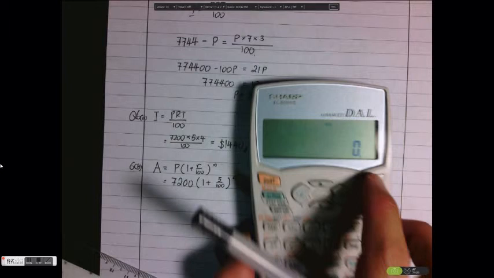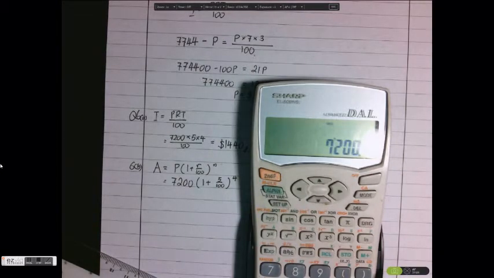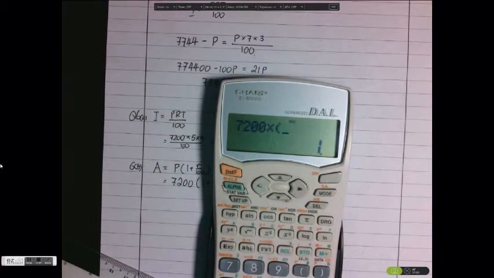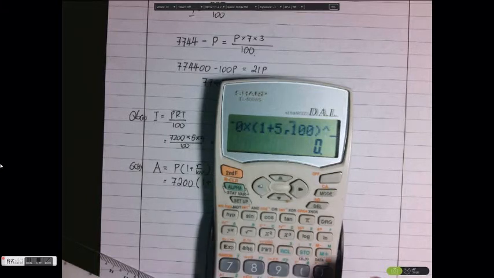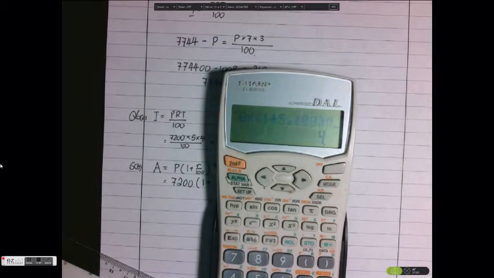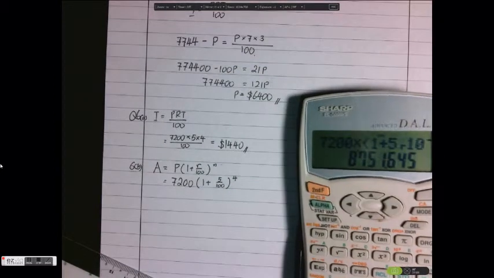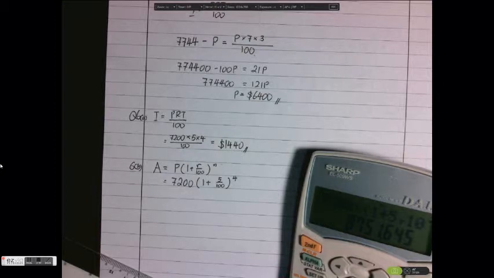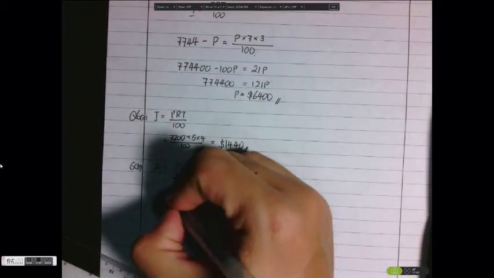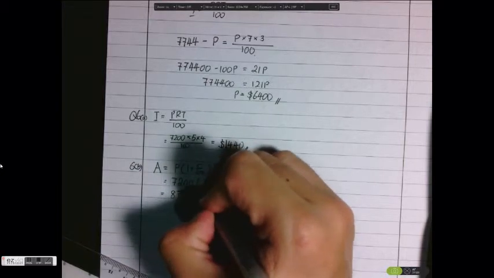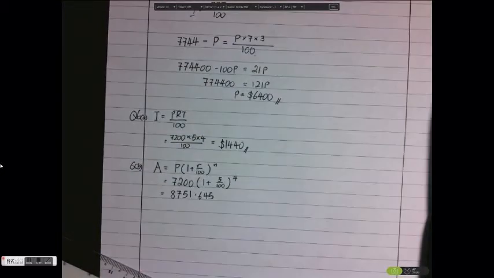You key this into your calculator: 7,200 times (1 plus 5 over 100) to the power of N. In this case, N is 4. You get this value, 8751.645. This is not my final answer yet, so I just leave it in the truncated value.